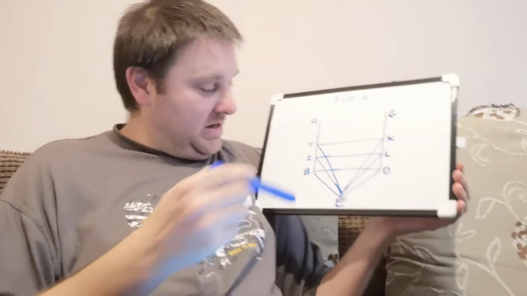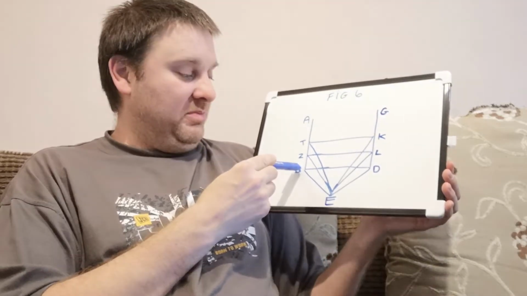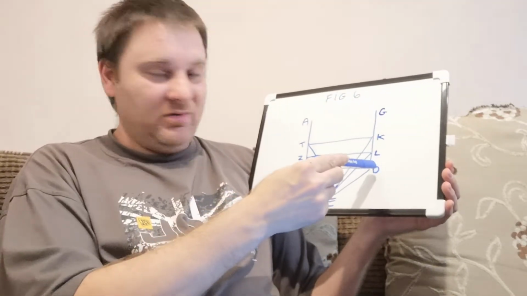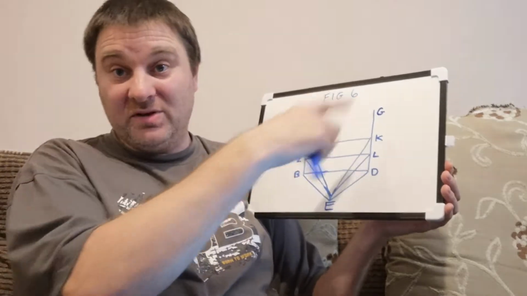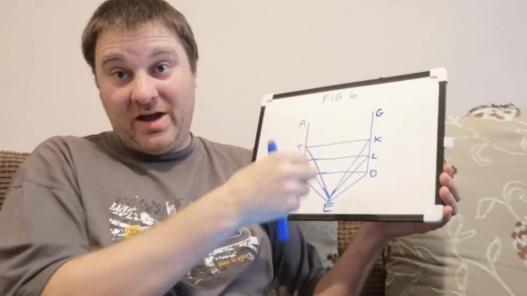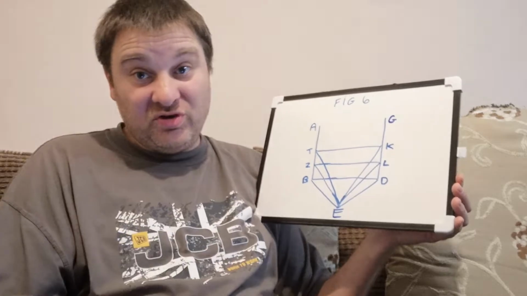Let the rays fall EB, or it could be BE, and ED, or it could be DE. It doesn't matter which way around the rays fall. They could come from the object to the eye, or from the eye to the object. Like I said, the geometry doesn't change.